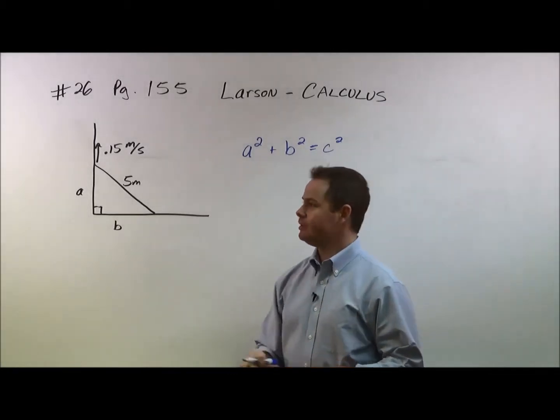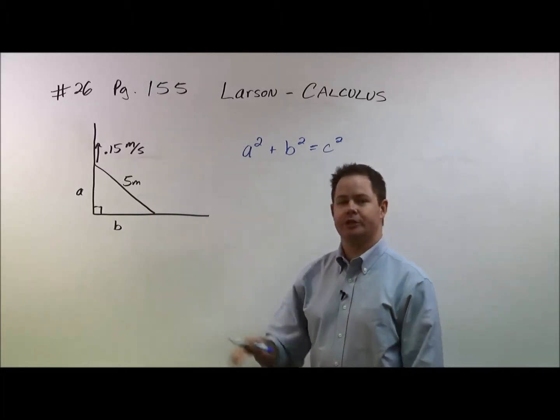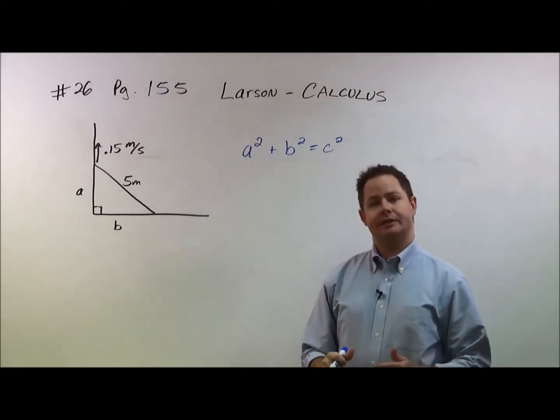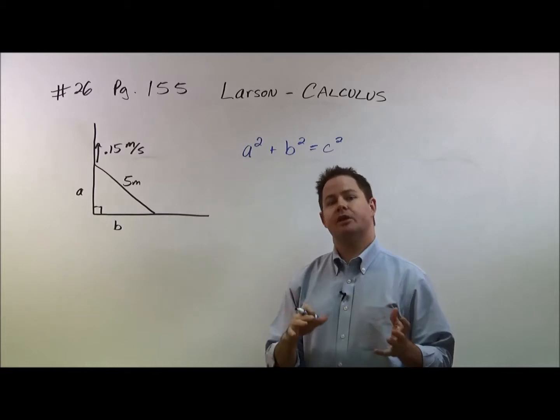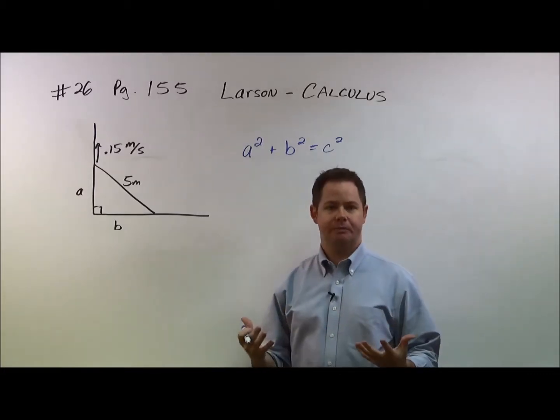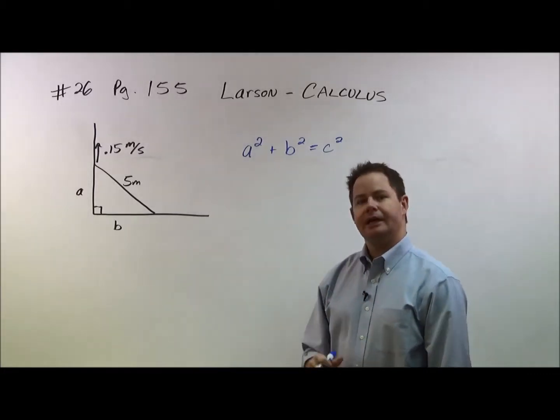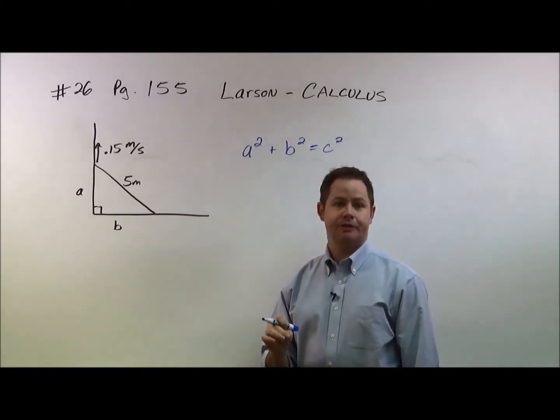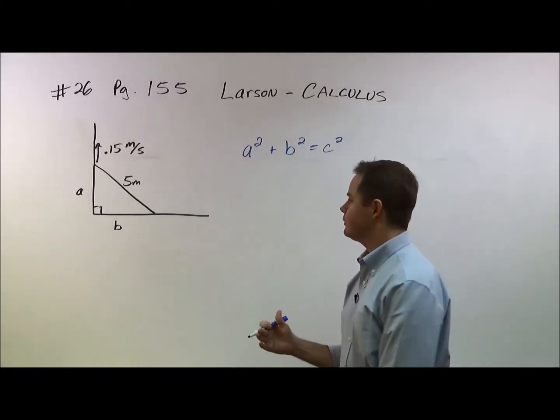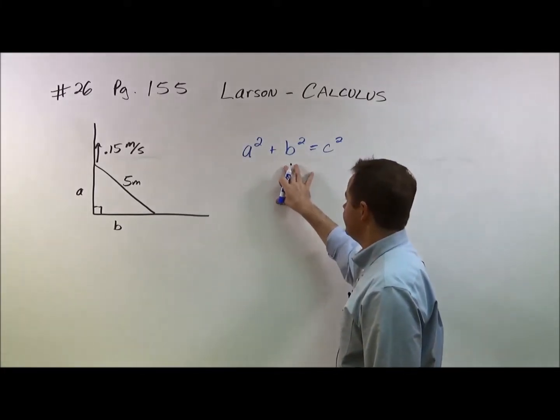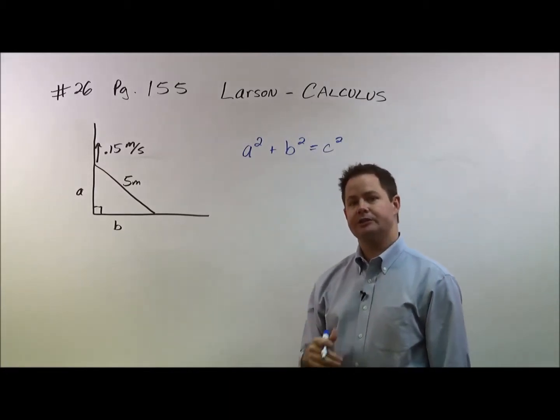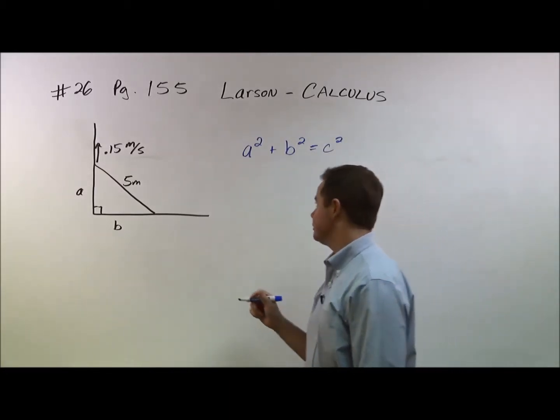Now, with any related rates question, a rate is a change in something over time. That's really what rate means as a general concept, and that's really what a derivative is. A derivative is a rate, change over time. So what you're going to do is take the derivative of this expression, and this is where implicit differentiation comes into play.